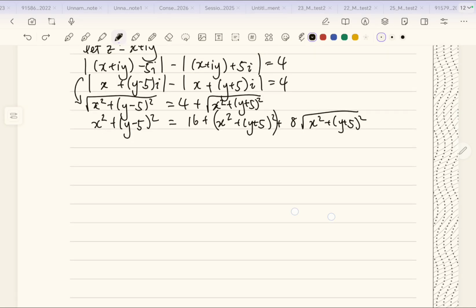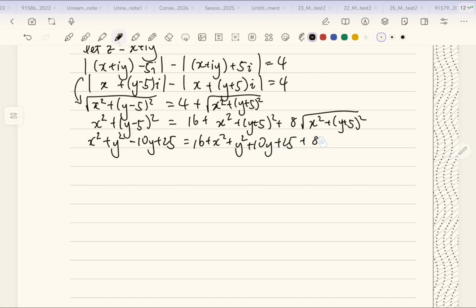We'll now expand both sides even more. Expand these brackets out. We have x squared plus y squared minus 10y plus 25 equals 16 plus x squared plus y squared plus 10y plus 25 plus 8 times this square root thing.